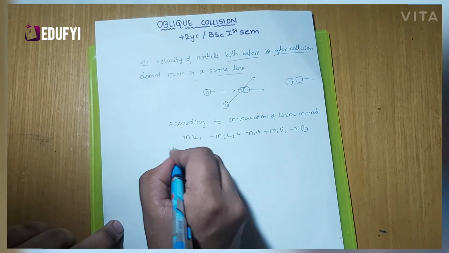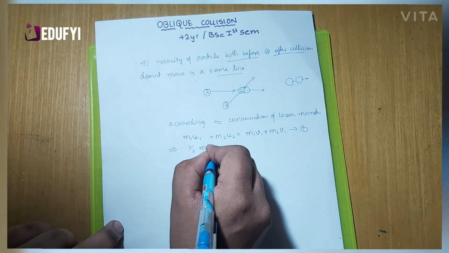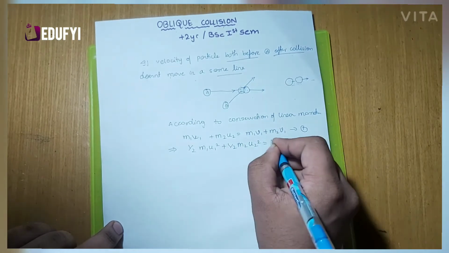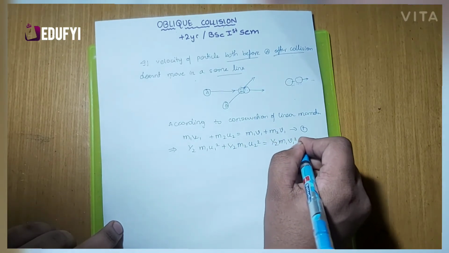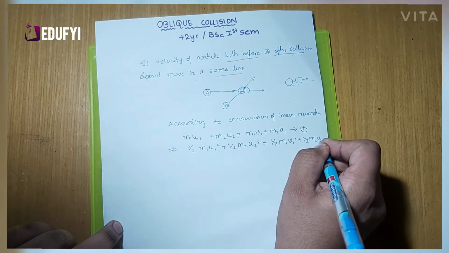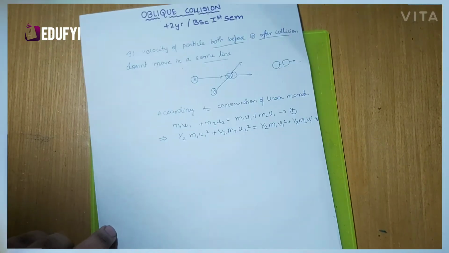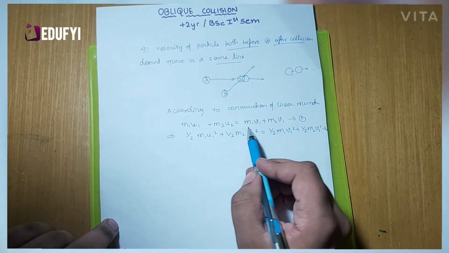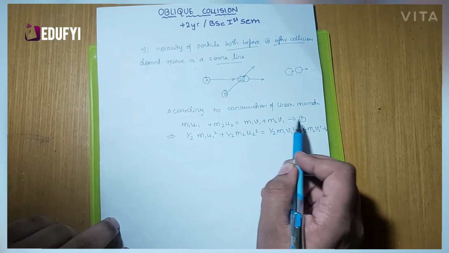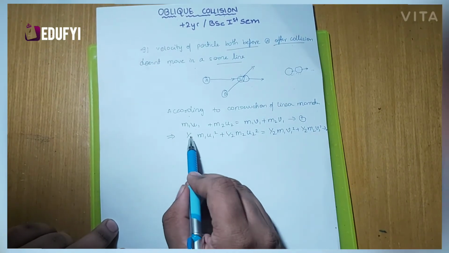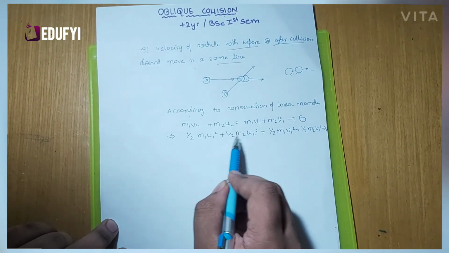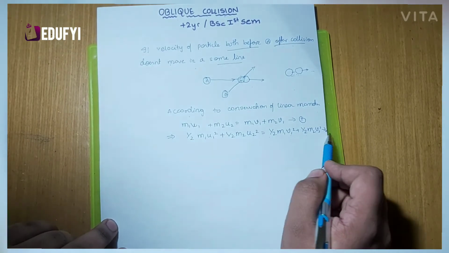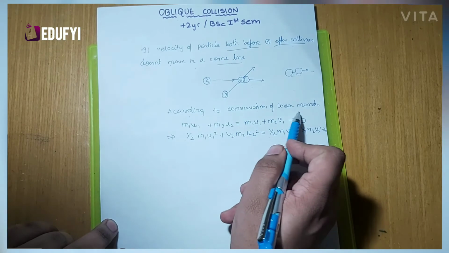We also know half m1u1 square plus half m2u2 square is equal to half m1v1 square plus half m2v2 square. Consider this as the second equation. This comes from the conservation of kinetic energy for an elastic collision.